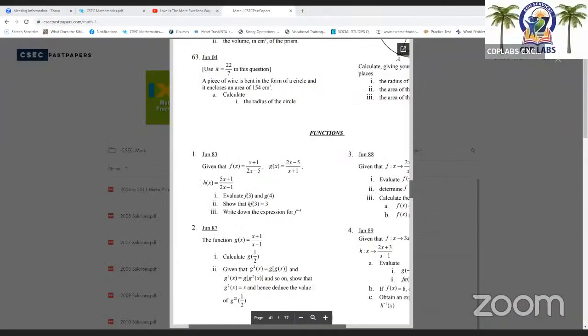The other part of the question says show that. Can somebody tell me what type of function you think that is? H of f of x.